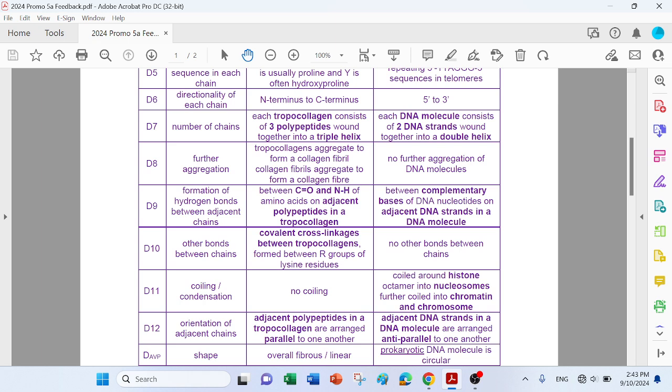While you look at the differences, I also want you to look at how we group the differences together. You can see that the differences have a parallel between the collagen and the DNA. We are talking here specifically about hydrogen bonds, specifically bonds between individual strands or individual chains. That's the parallel. That gives you a better feature of comparison versus some of your comparisons where there's no parallel at all.